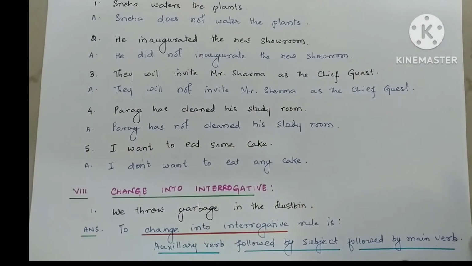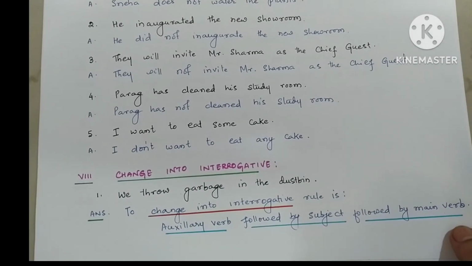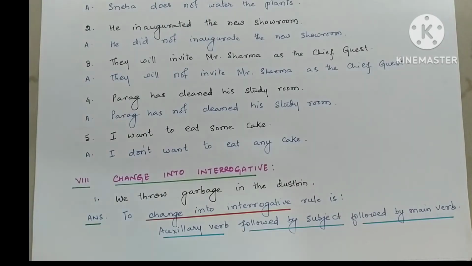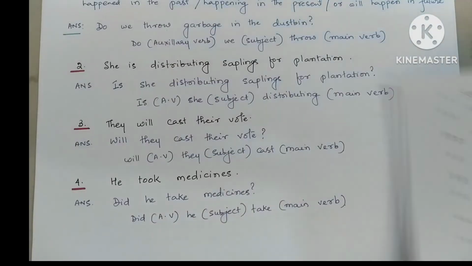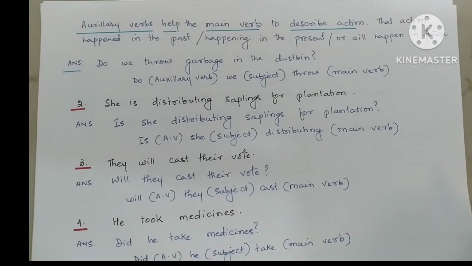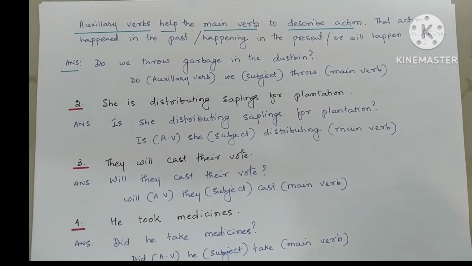Now change into interrogative, number 8. We throw garbage in the dustbin. To change into interrogative, the rule is auxiliary verb followed by subject followed by main verb. Now to understand this, children, what are auxiliary verbs? Auxiliary verbs help the main verb to describe some action.